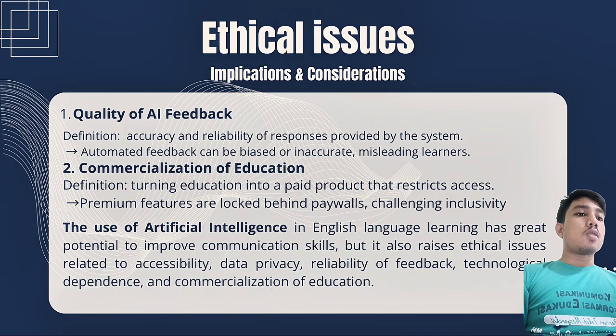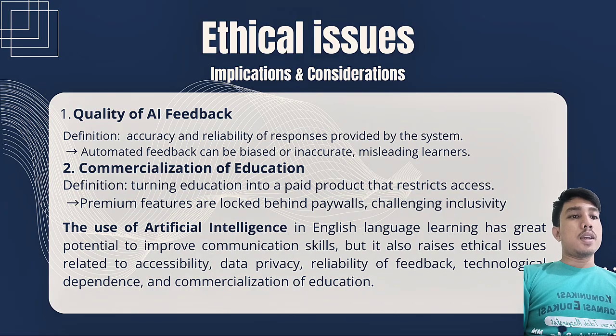The definition is the accuracy and reliability of responses provided by the system. The automated feedback can be biased, inaccurate, and misleading to learners.